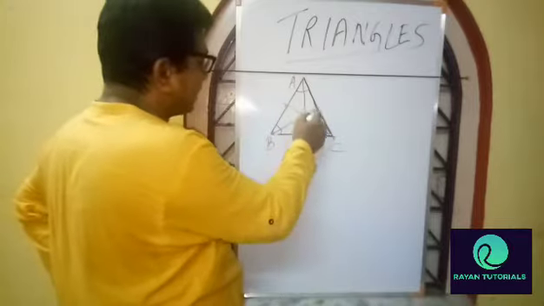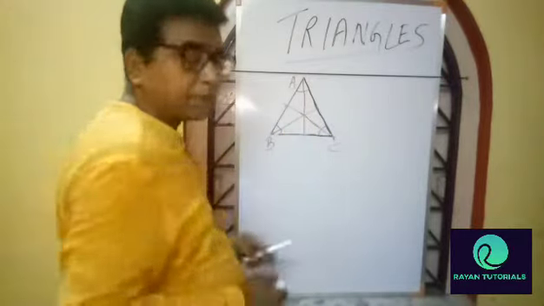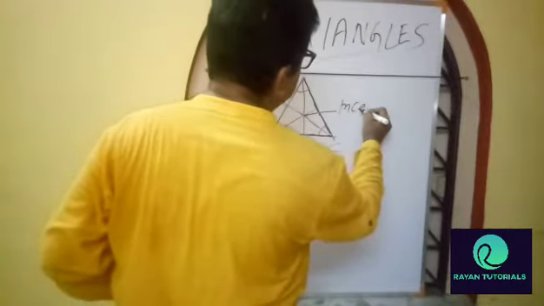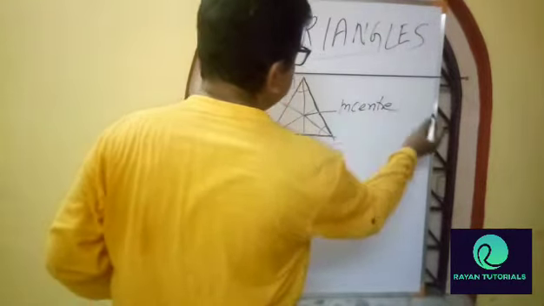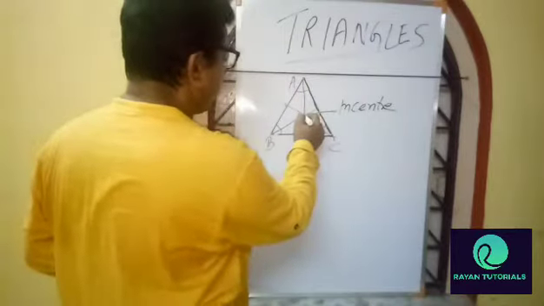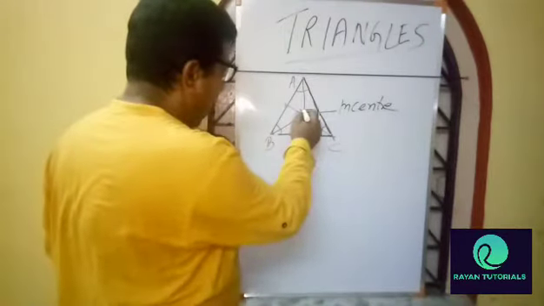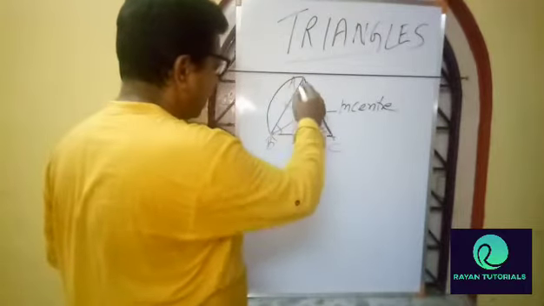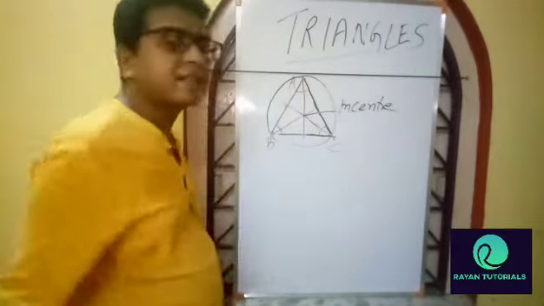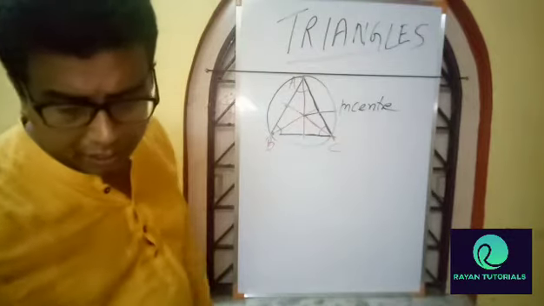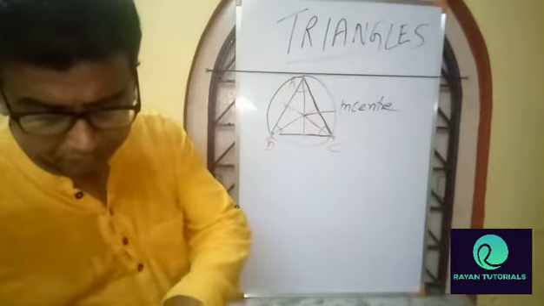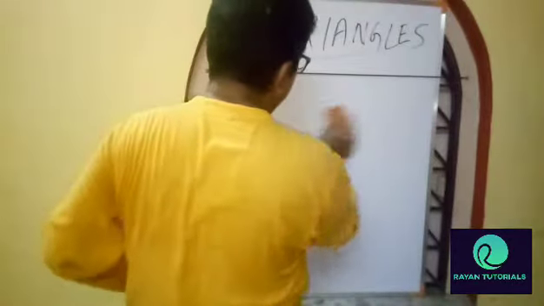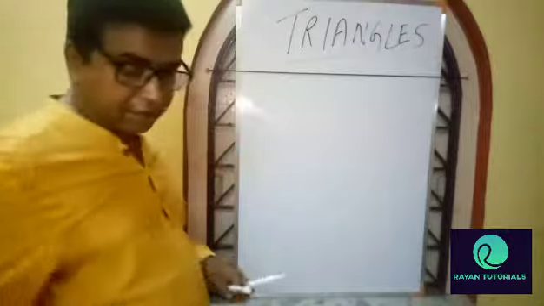Here also the bisectors of the angles will meet at a point. This point is called incenter. Because if you take this as a center, you can draw a circle. Clear?